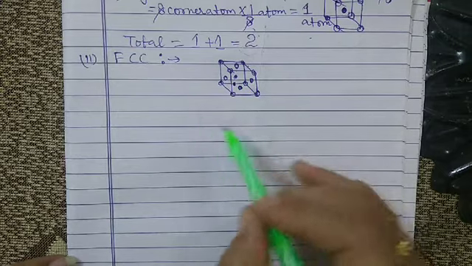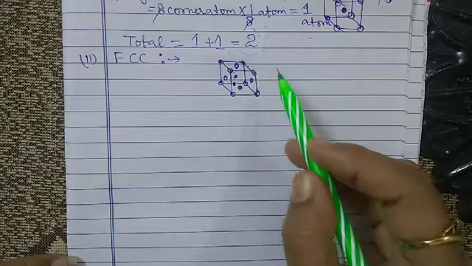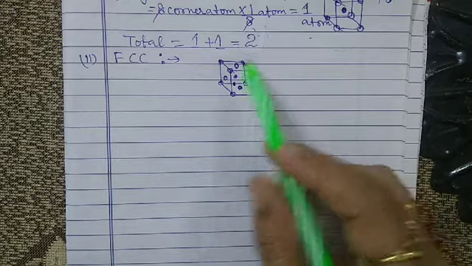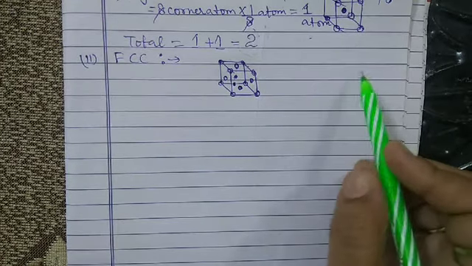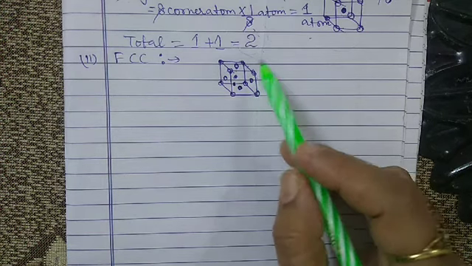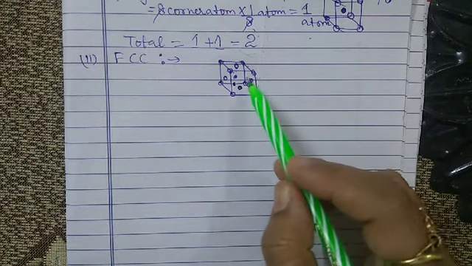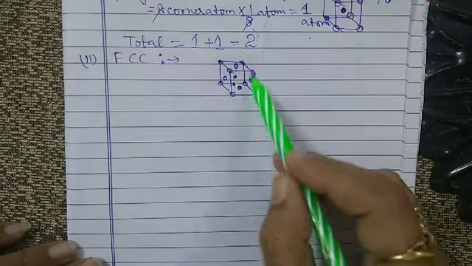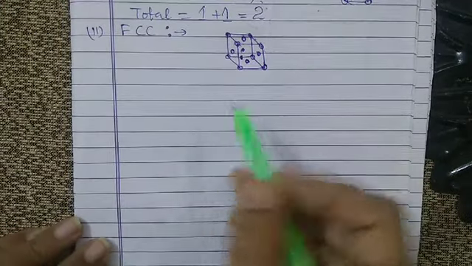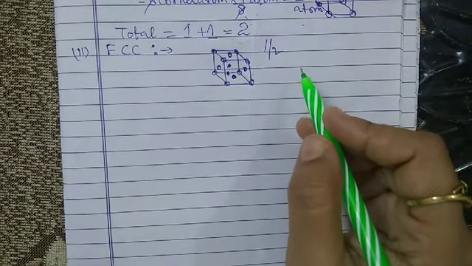It is clear from the figure that the atom present at the corner contributes 1 by 8 to each cube, because it is shared by 8 cubes. In addition, there are 6 atoms at the faces of the cube, and each is shared by 2 unit cells. Therefore the contribution of each atom at the faces is 1 by 2.